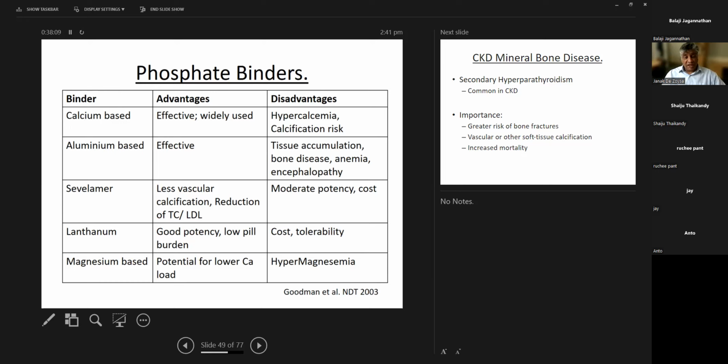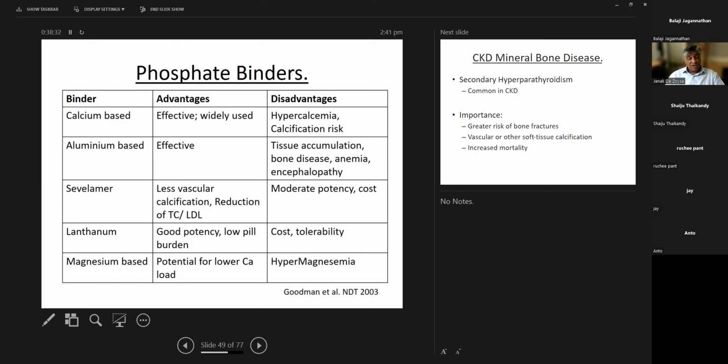Sevelamer and lanthanum are the newer agents. By newer, I mean they're probably 10 or 15 years old, or in fact older than that, but they're not available or funded in New Zealand. Sevelamer and lanthanum tend to have less vascular calcification and tend to be as potent, if not more potent, than the calcium-based tablets.